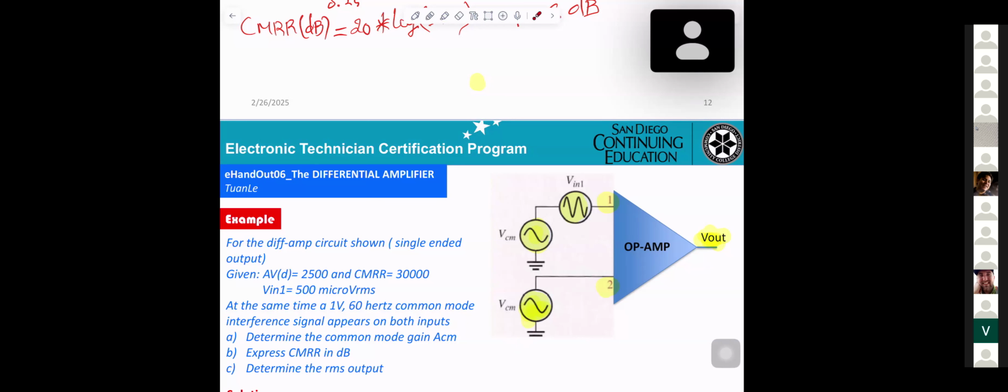Okay. So for the differential amplifier circuit, single-ended output, they give AVD 2500 and the common mode rejection 30,000.